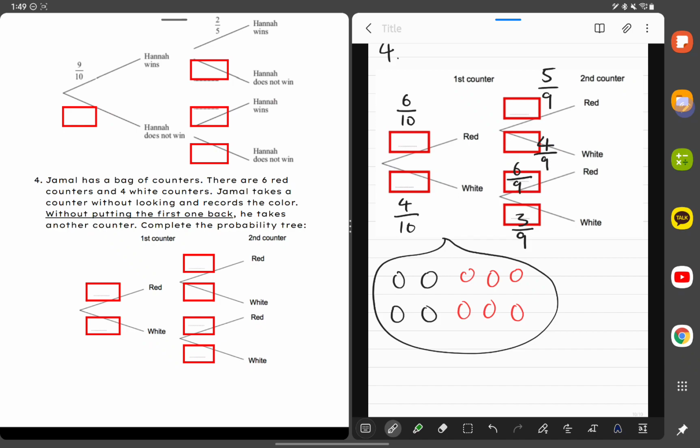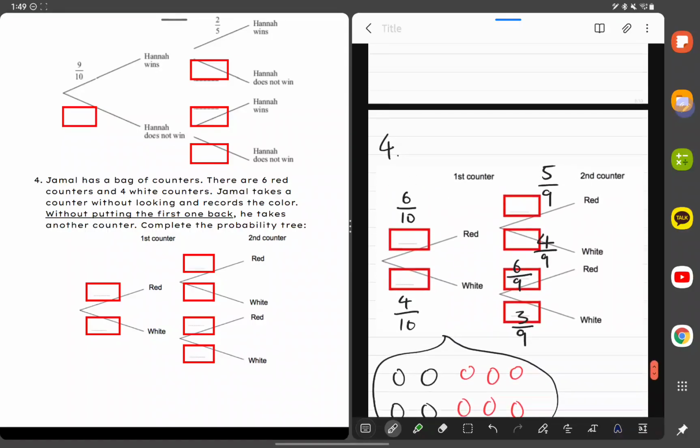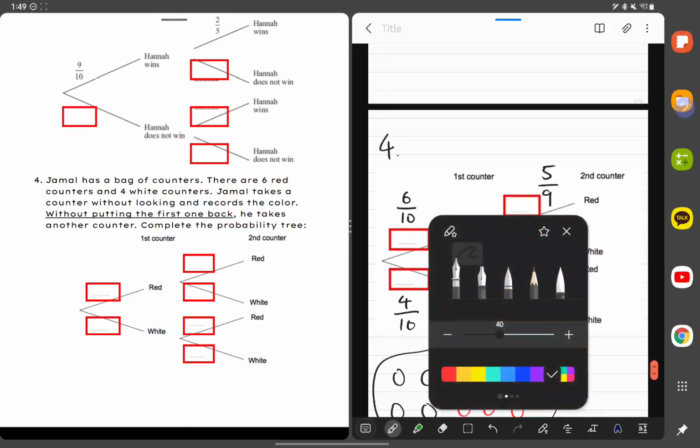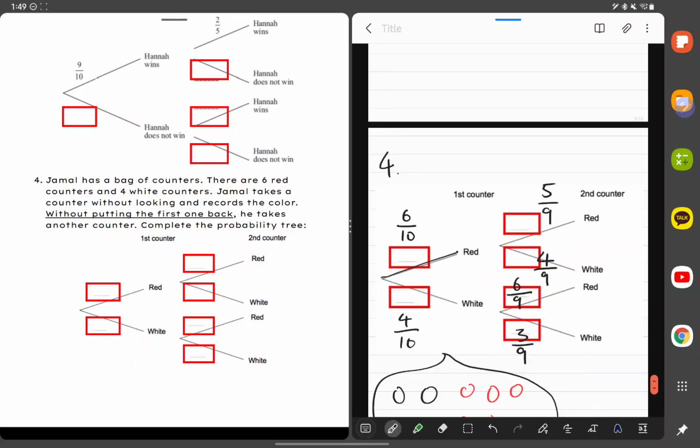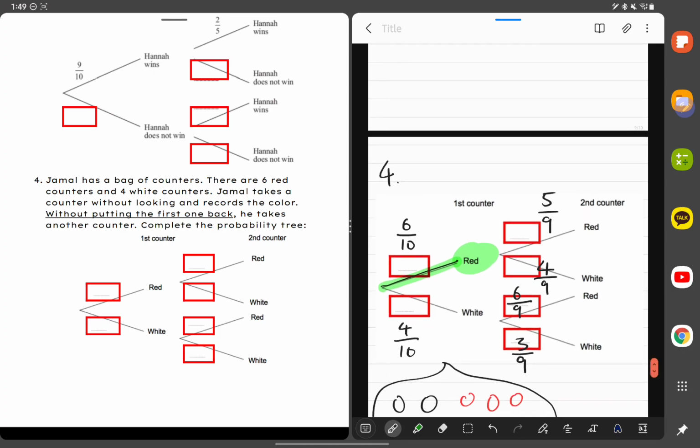So in this situation, this is the first choice, isn't it? There are 6 out of 10 red counters, or there are 4 out of 10 white counters. That's the chance of us picking a white counter. Now, for this top bit here, in the case where we have gone up this path, this changes a little bit.